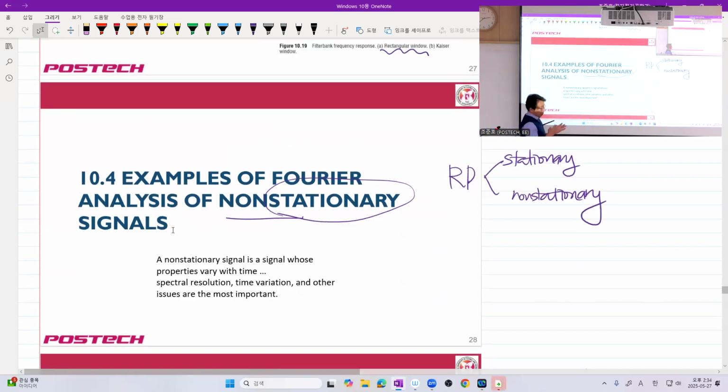And this, as I told you, will not appear in the final exam because I promised not to cover the random process part. But I have to talk about it. So sections 10.4 and 10.5 are more related to random signal processing using FFT.